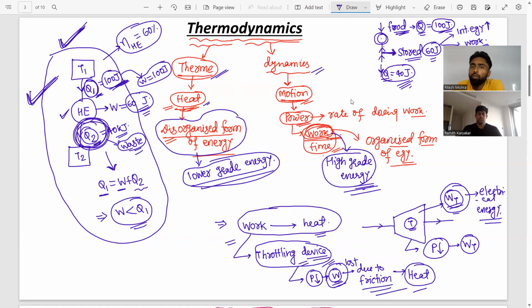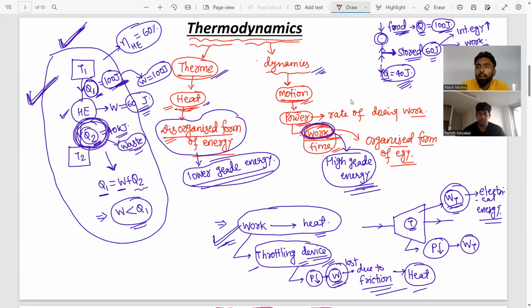And what is dynamics? Dynamics means work. Dynamics means the body is having some power, that means work transfer will occur there, and work is called an organized form of energy. That means work can be completely converted into heat. How work can be completely converted into heat was explained by me using the throttling device. I will teach you about the throttling device later on.